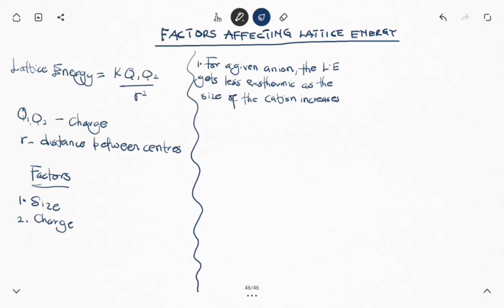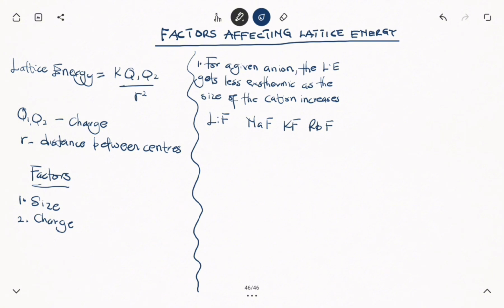Okay, so let's look at lithium fluoride. If we take lithium fluoride, let's also take sodium fluoride. So we are looking at the fluorides of group 1 metals, potassium fluoride, and then we also have rubidium fluoride. Now in this case, we have the same anion, fluoride, and different metals. However, these metals all belong to the same group, and as you go down group 1, the size of the metal increases.